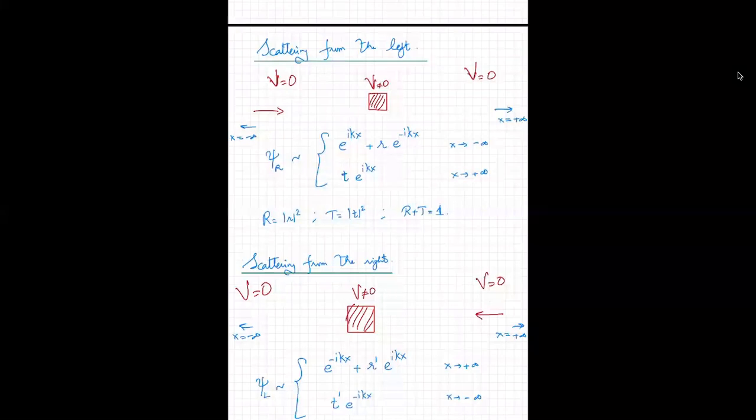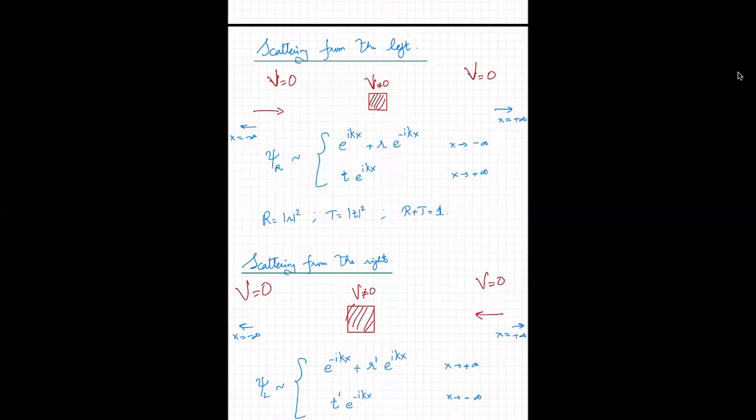Now, regardless of whether I do the scattering from the left or the right, there are ingoing waves and outgoing waves. For example, in the first case, scattering from the left, the ingoing wave is of the form e to the ikx, because that is the part going into the scattering center. The r e to the minus ikx represents an outgoing wave because it is the part reflected back from the potential.